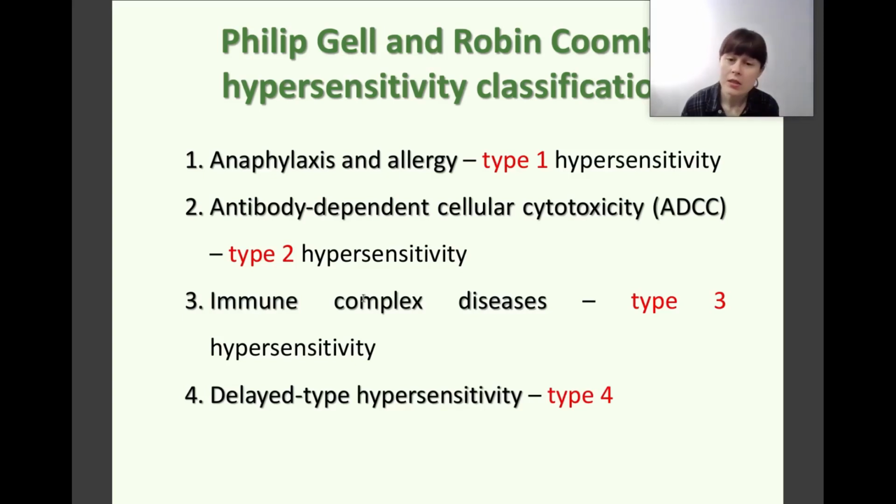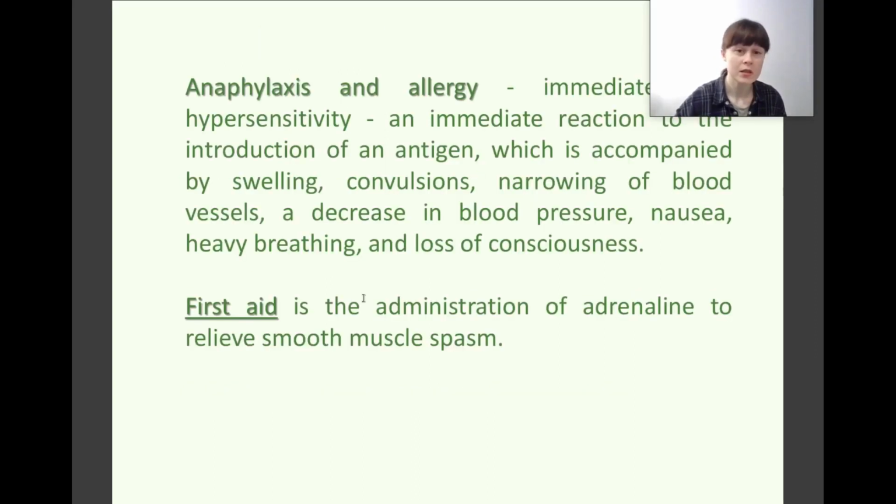Immune complex diseases are caused by type 3 hypersensitivity, and we have type 4 hypersensitivity, also called delayed-type hypersensitivity. So hypersensitivity type 1 leads to allergy and anaphylaxis reactions.